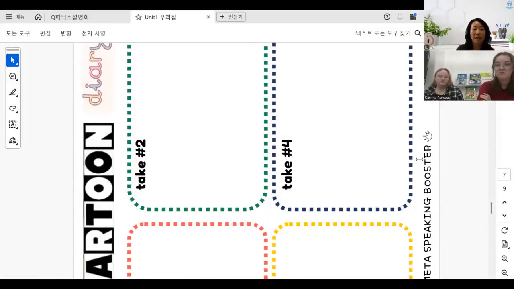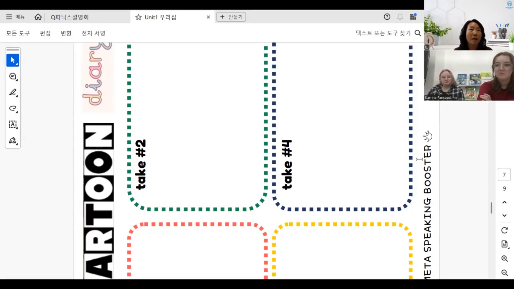What I mean is they can make a cartoon. Then after making a cartoon, based on this page, they can write about the story or whatever, or they can make a presentation based on this cartoon.